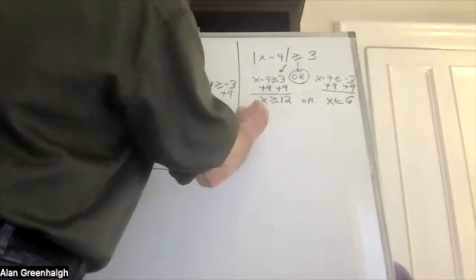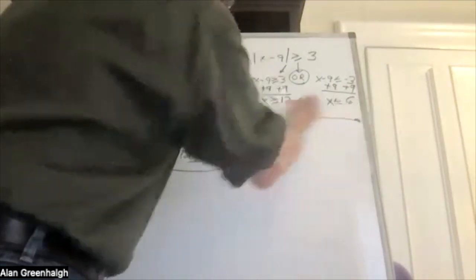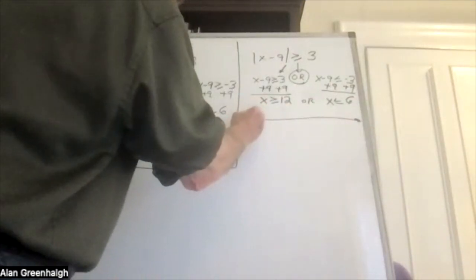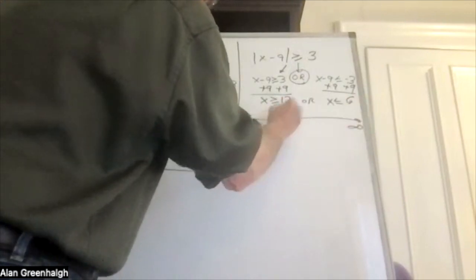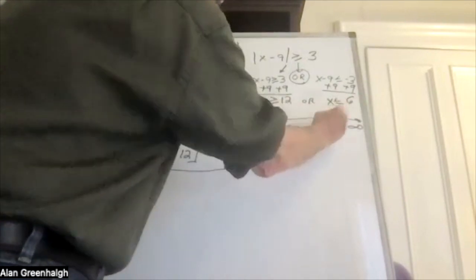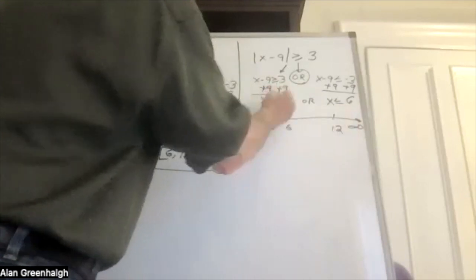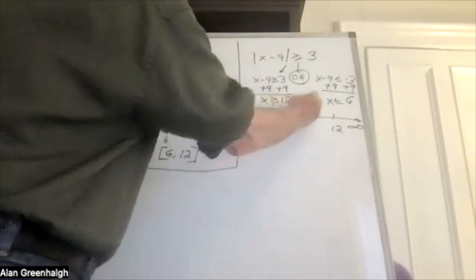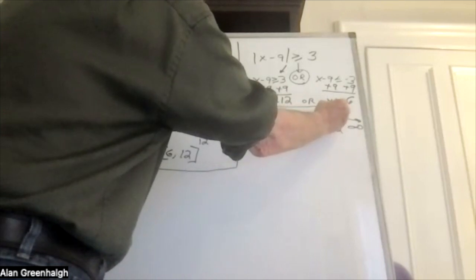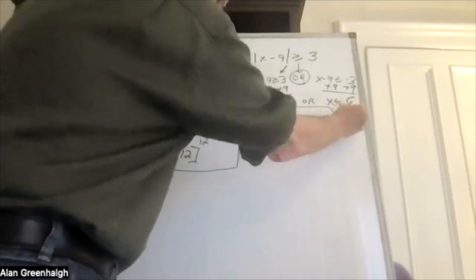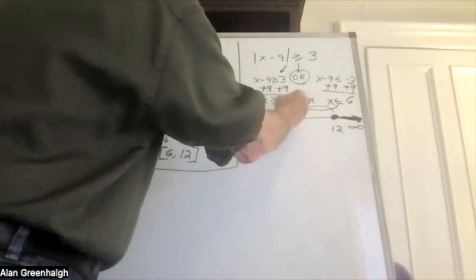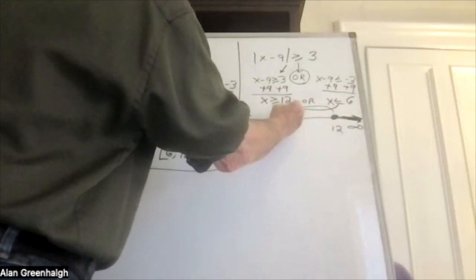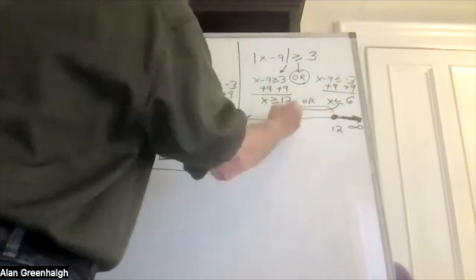So what does that look like? It's always hard to imagine what these things look like unless you put them on a number line. So this is this one. This one would be shaded in greater than, and this would be shaded in less than.